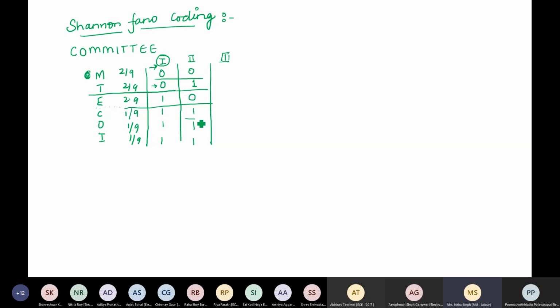Now again I have this division followed, so I'll give it a 0 and 1 here. Why do I choose this? Because here it is 1 by 9 and here it will be 2 by 9. Further I divide it in the fourth step. This is only a single symbol in the class, so I need not divide it further. But now I divide this further to 0 and 1.